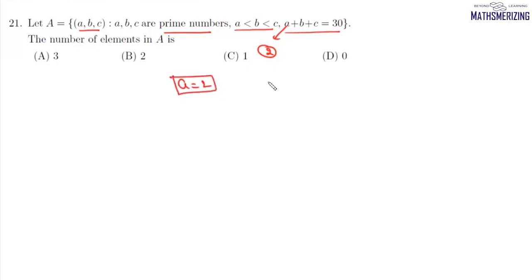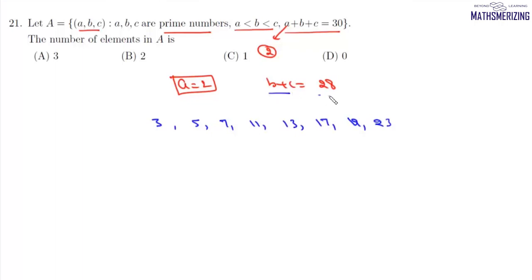Now if we put a as 2, we'll get b plus c equal to 28. Now we need to identify this pair b and c such that their sum must be 28. So what I'll do is write the set of all primes: 3, 5, 7, 11, 13, 17, 19, and 23.